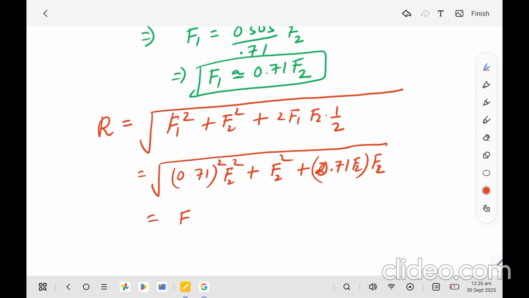Okay, so F2 square into 0.71 square plus 1 plus 0.71, this will be 0.51 and 0.71.